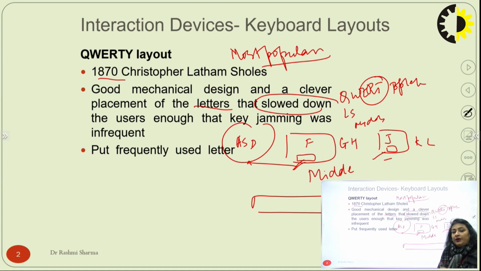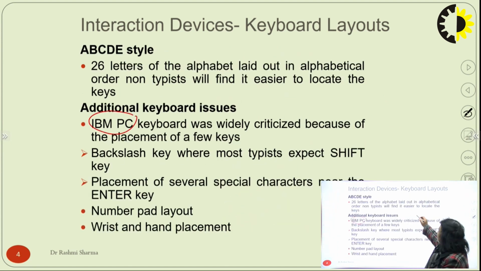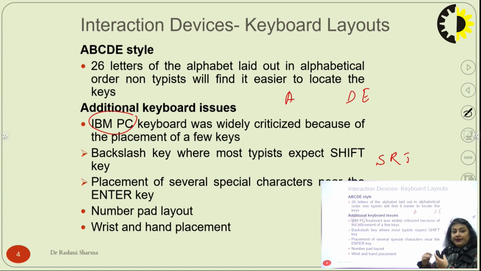These particular keys are at a maximum distance in the ABCD style. See, A is the first alphabet, S is somewhere in here, D is somewhere here, D, E, and R again, S, R, and T. So their distances when you have to type are very large.